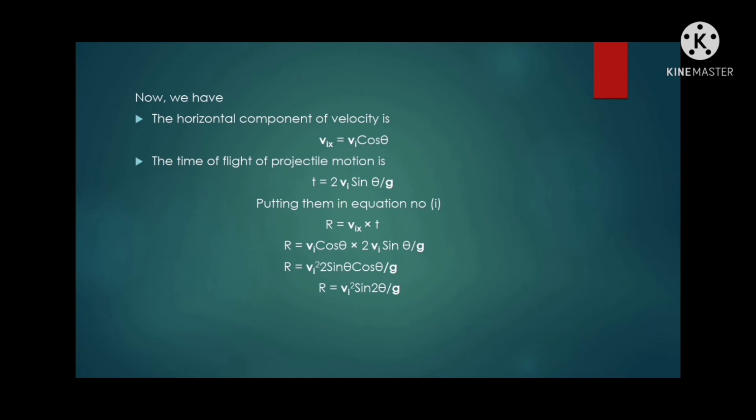Now putting them in equation number 1, we have R equals Vi cos theta times 2 Vi sin theta over g. In the next step, we shall have Vi squared times 2 sin theta cos theta divided by g, and 2 sin theta cos theta is equal to sin 2 theta. So finally we shall have R equals Vi squared sin 2 theta over g.